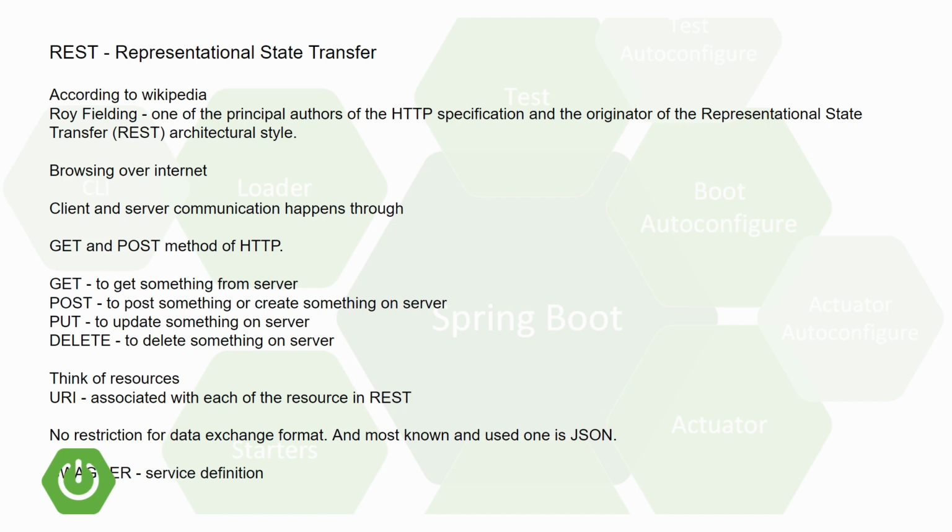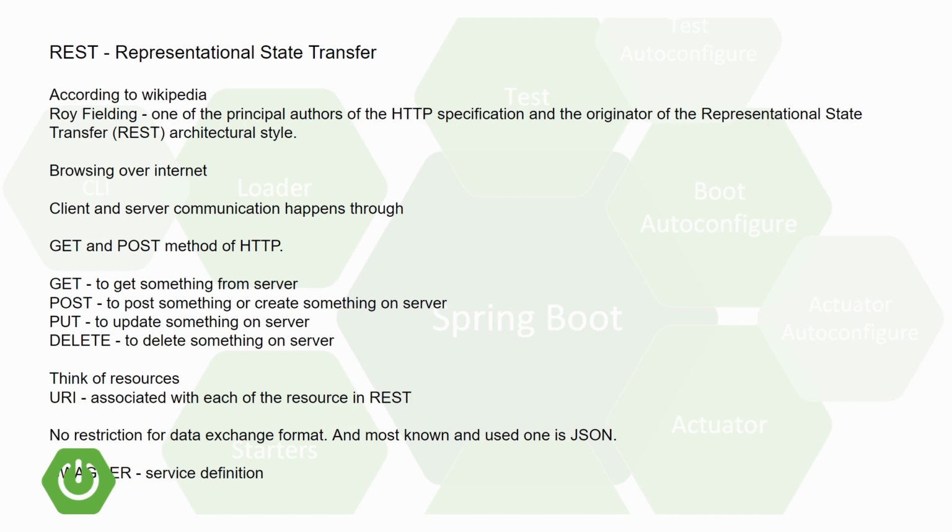In REST, always think of resources, and all these resources are associated with a URI. URI is the uniform resource identifier, or URL, uniform resource locator. So basically, let's think of an employee management system. In an employee management system, sometimes you have to create an employee, sometimes update an employee, sometimes delete an employee, sometimes retrieve an employee.